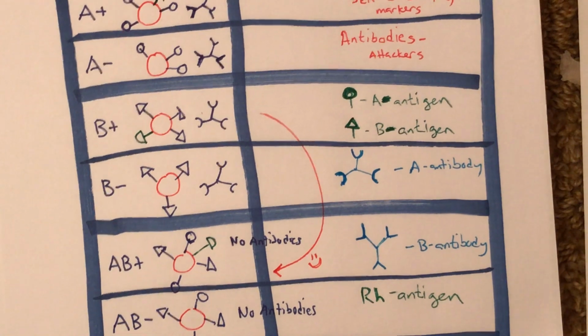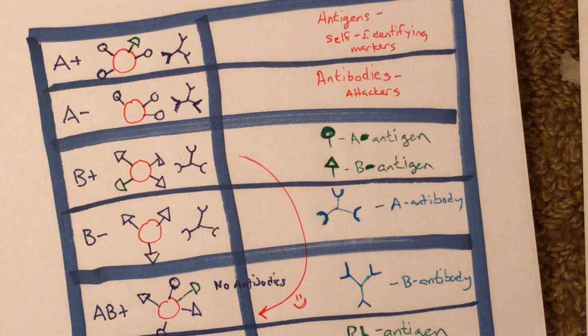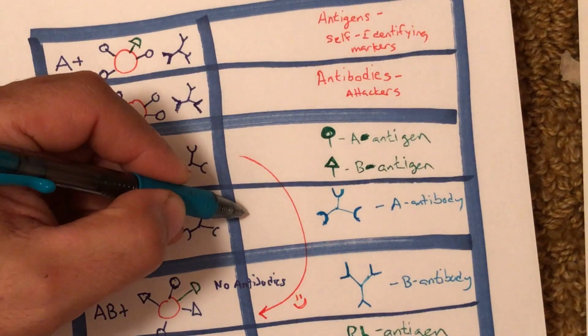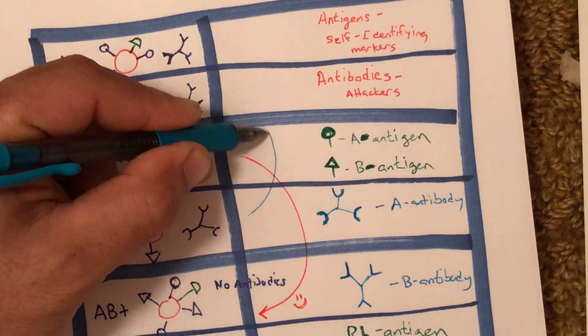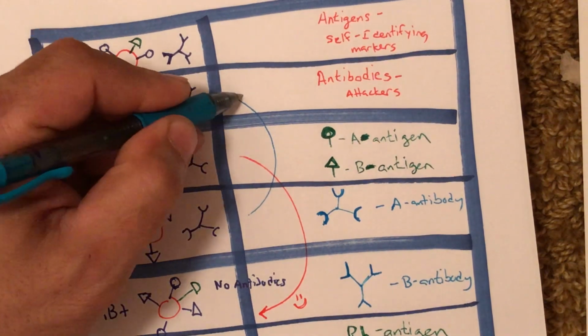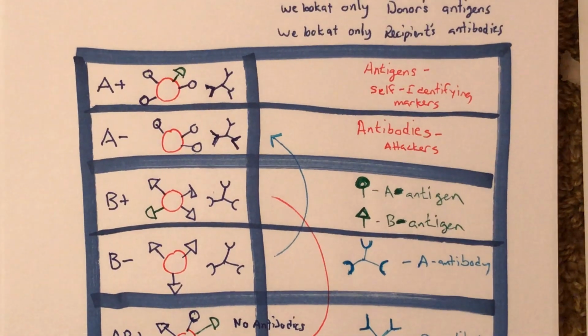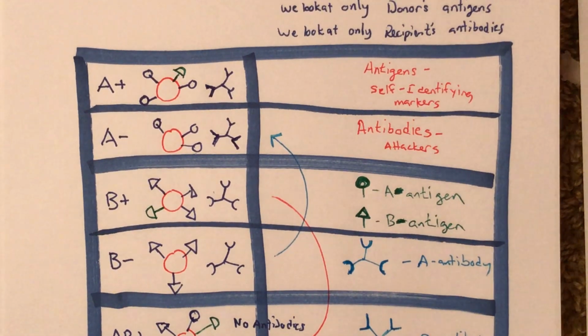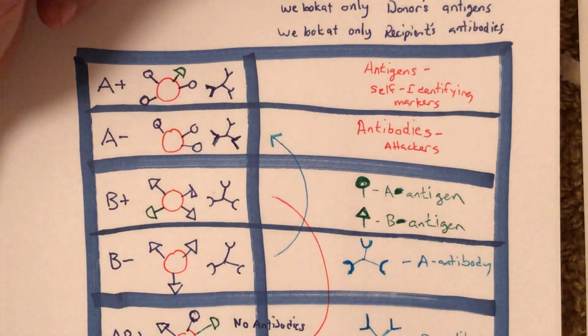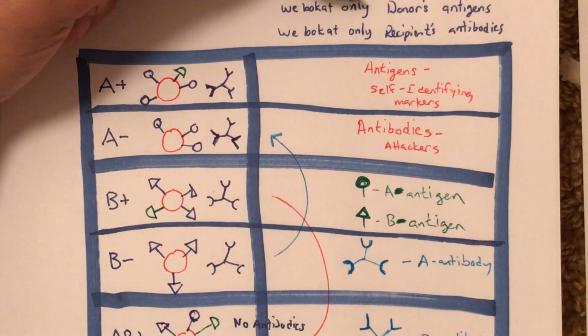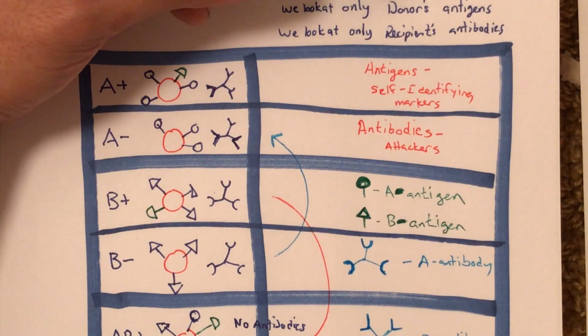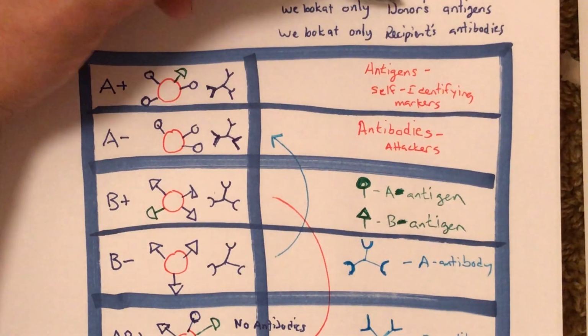Okay, let's do it again. Let's just come up with another scenario. Let's say B negative to A negative. Does this work? B negative to A negative. Let's ask the question again. We look at only the donor's antigens, and we look at only the recipient's antibodies.